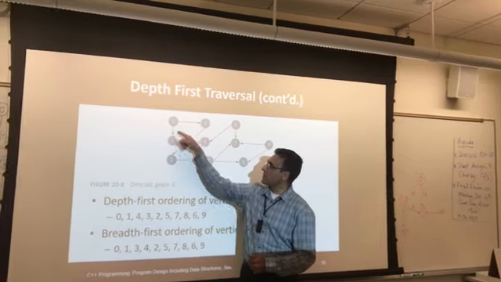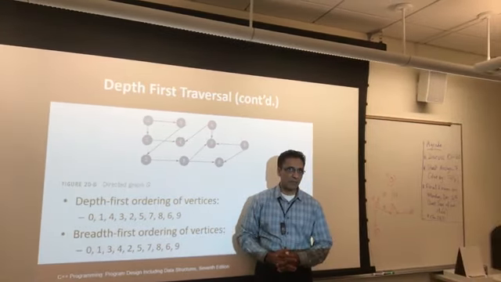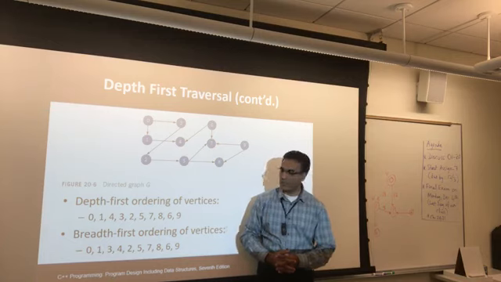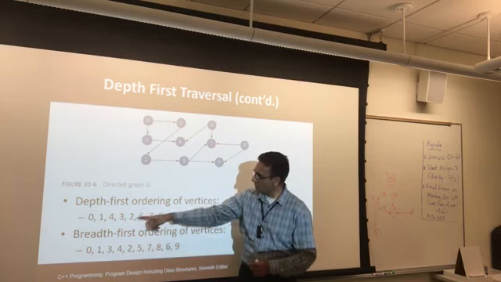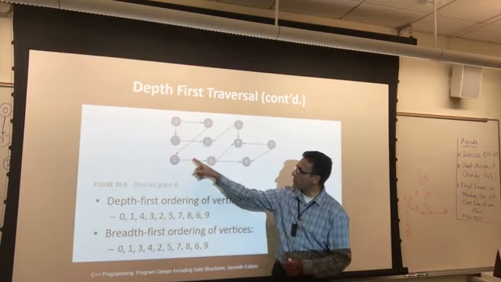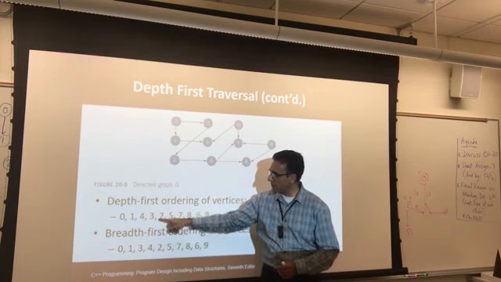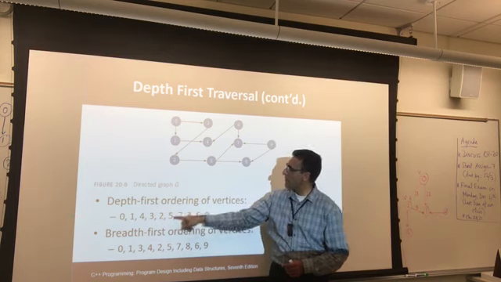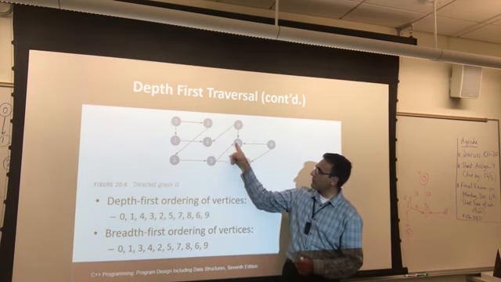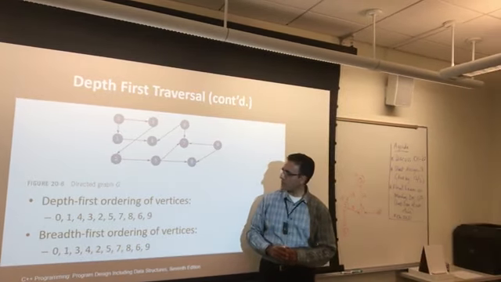Every time you visit these three, you want to mark them visited, so those cannot be revisited the second time. Then in depth first, you go back here and start from 3, from 3 you go to 2, from 2 to 5, from 5 to 7, because it has two different links.